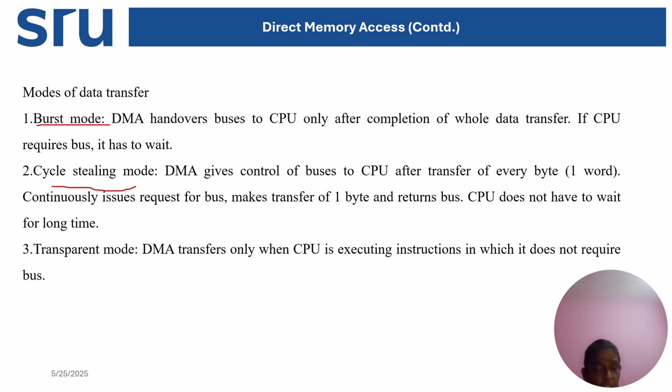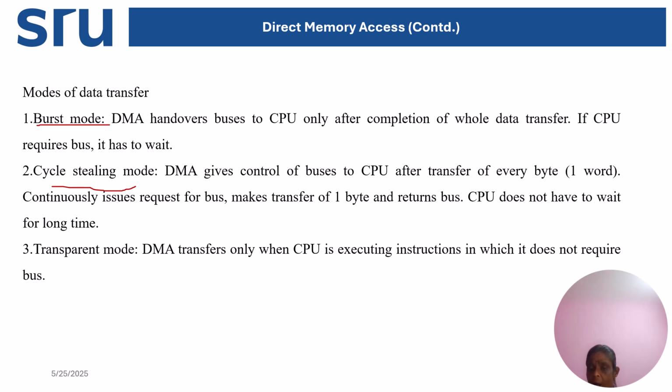And in transparent mode, the third case, the DMA transfers only when the CPU is executing instructions in which it does not require the bus. So the CPU is always busy with performing operations.